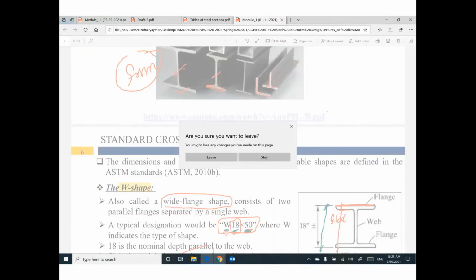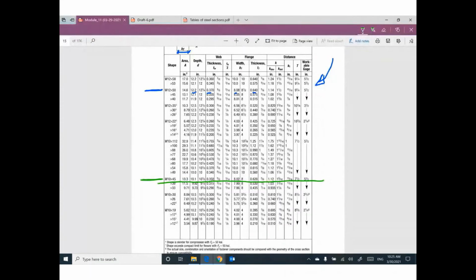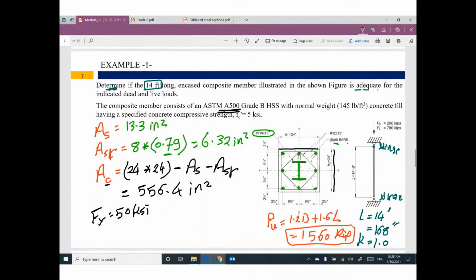Anyway, I will assume this type of steel is A500 grade B, and I will assume F yield is 50 KSI. If you have your AISC manual, you can open it and figure out the F yield for this type of steel.